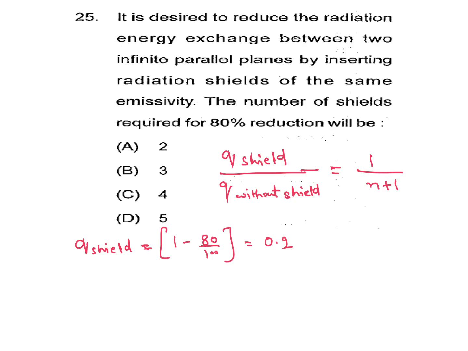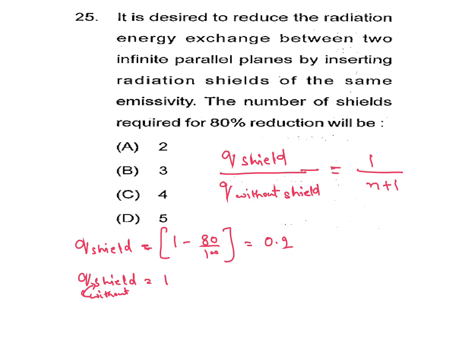So Q without shield is 1 and Q with shield is 0.2.